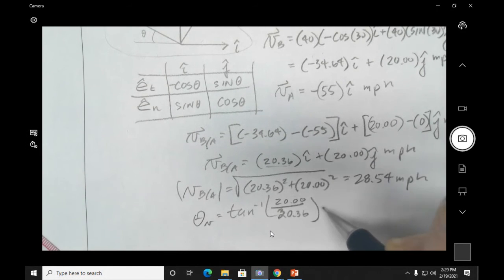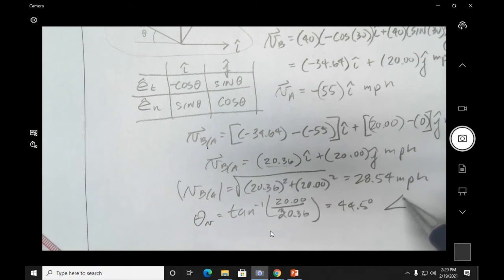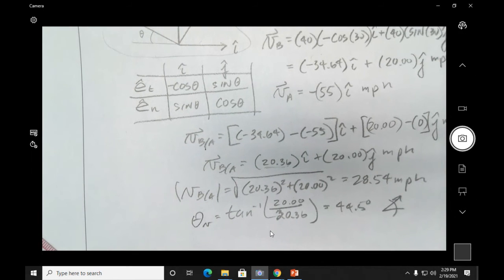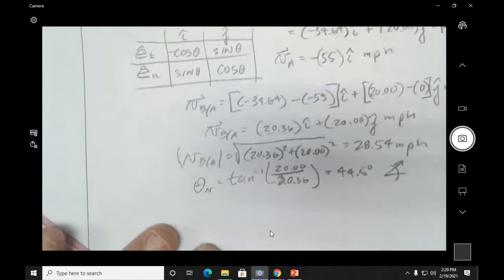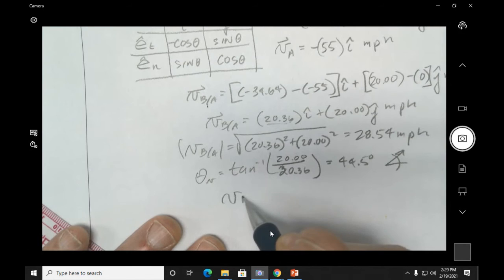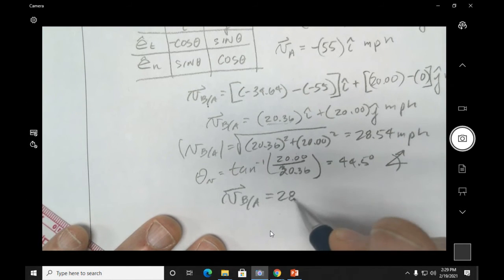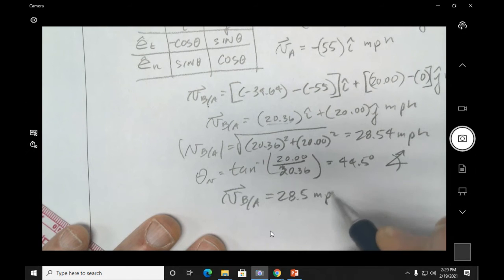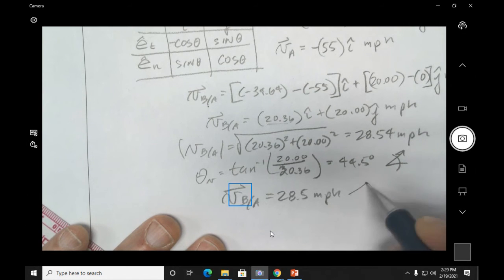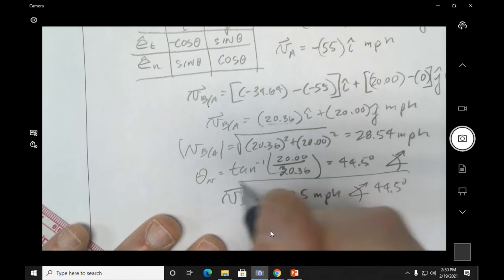So it's going to be close to 45 degrees, right? You can expect it, 44.5 degrees. I would use that quadrant symbol when writing it out, or write it out as a vector. That's probably the best way, 28.5 miles per hour, 44.5 degrees.